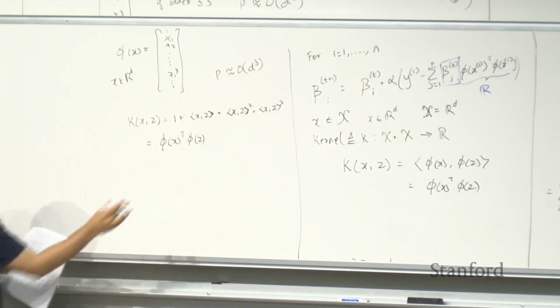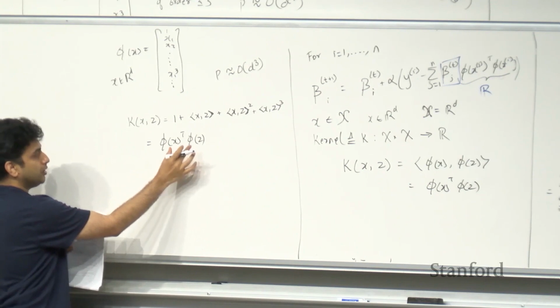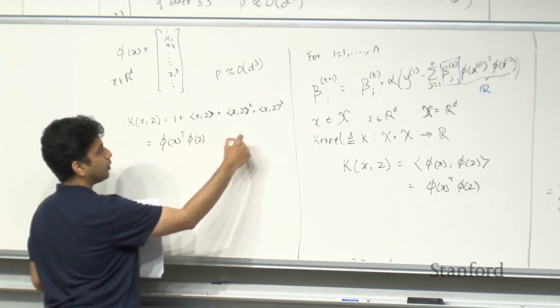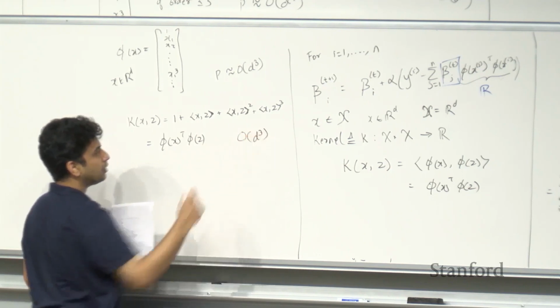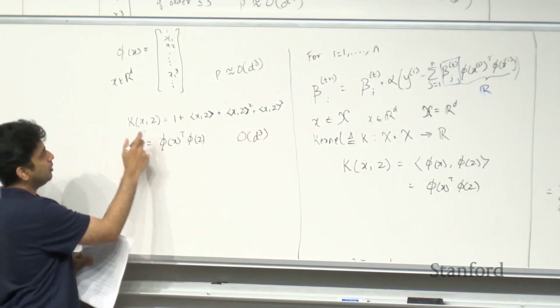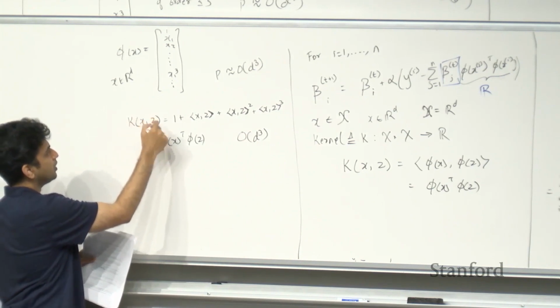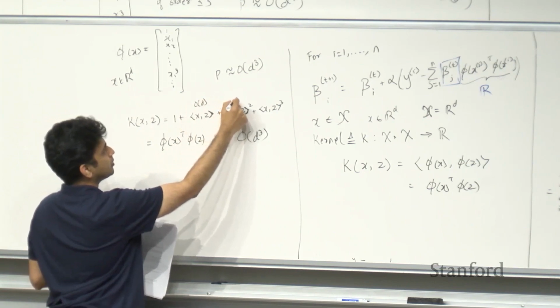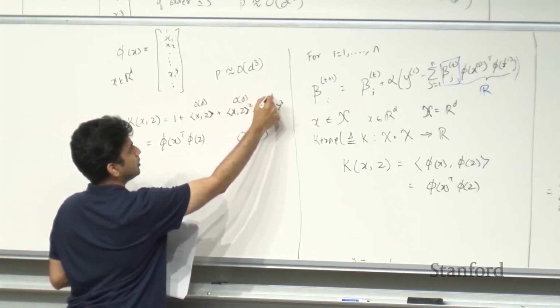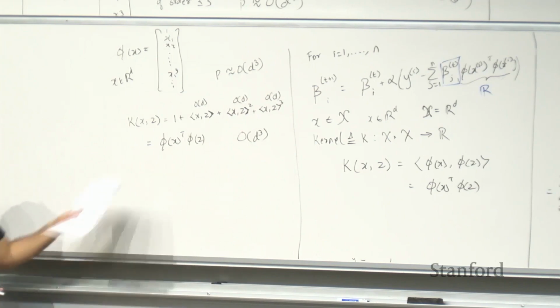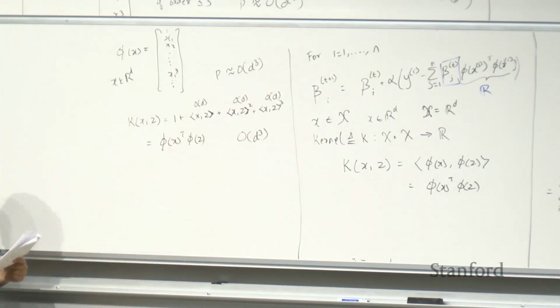In order to perform an inner product, or the dot product, in this high dimensional feature space would require order d cubed operations. Whereas in the kernel form, this takes order d, this takes order d, and this takes order d, and you sum over 3 such order d operations and you're still in order d.